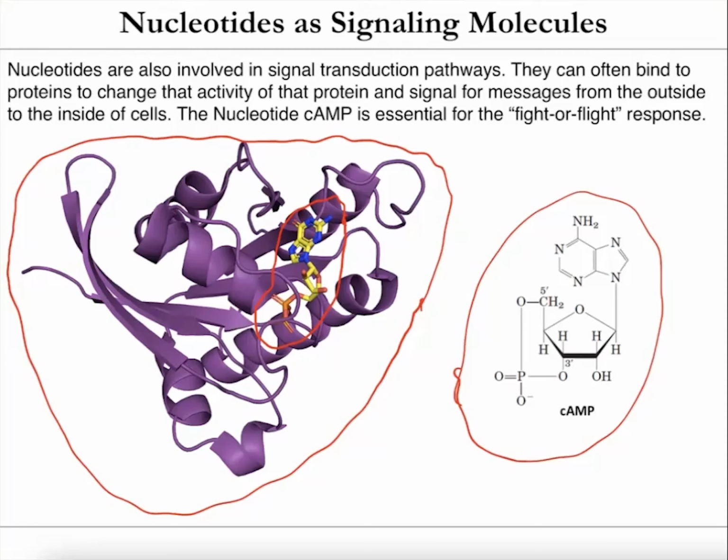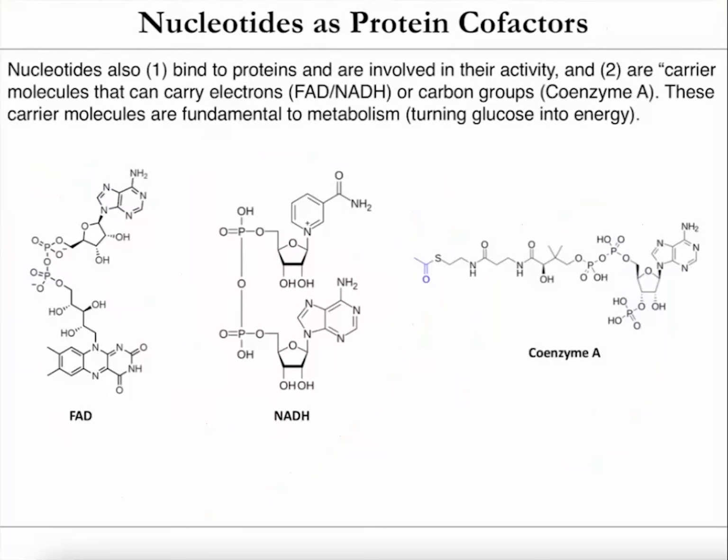So nucleotides are also really important signaling molecules. And nucleotides also function as really important what's called cofactors. So these are molecules that your body uses to do different jobs in concurrence with proteins. I'm not going to go into a lot of detail on this at all. But when we talk about metabolism, we'll talk about these two molecules, FAD and NADH.